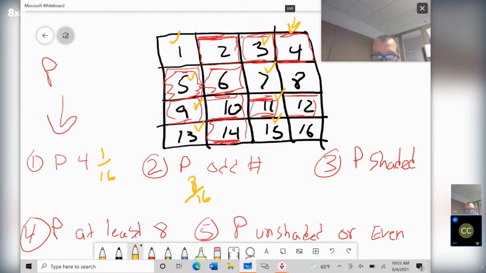The next one, number 3, what is the probability of getting a shaded number? And I shaded with the red pen. Let me erase these yellow checks.